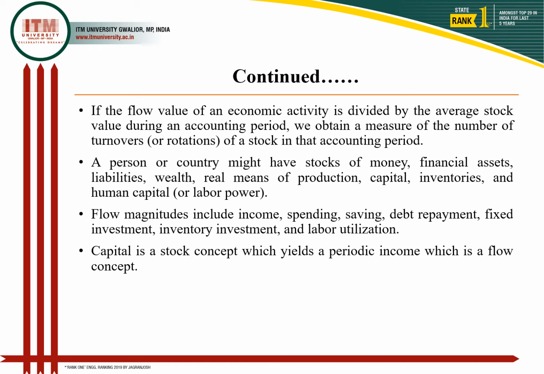All spending, saving, debt repayment, fixed investment, inventory investment, and labor utilization are flow concepts. So capital is a stock concept, while yield, a periodic income, is the outcome of that capital and is a flow concept. So they are quite correlated in the economy.